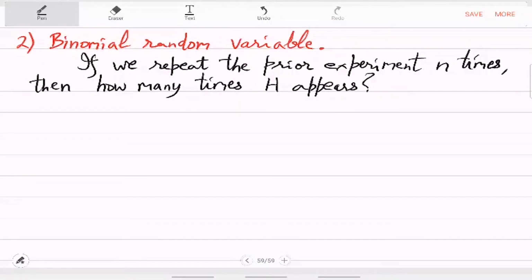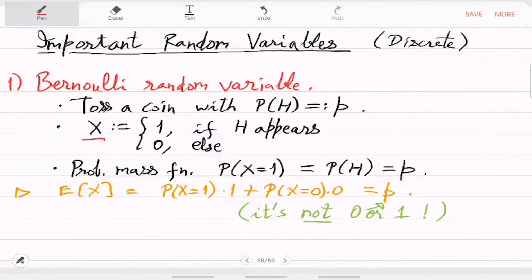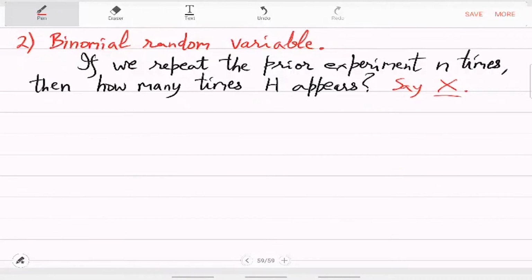Okay, this is what we are interested in. So this is the random variable X. Okay, that is the definition of X: number of heads in n tosses.